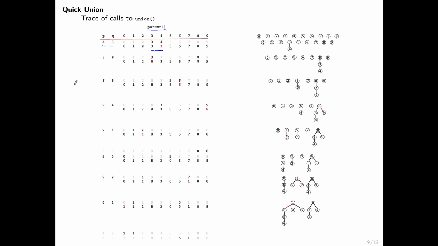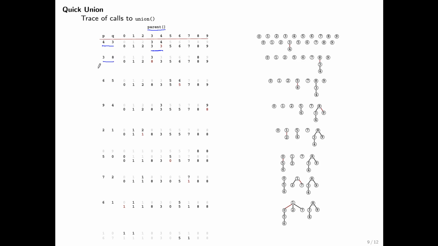Let's process another pair, 3, 8. So what is the parent of 3? Well, it's 3. And what is the parent of 8? It is 8. And now what does the code do? Since 3 and 8 have different parents, the code says parent of 3 is basically the parent of 8.